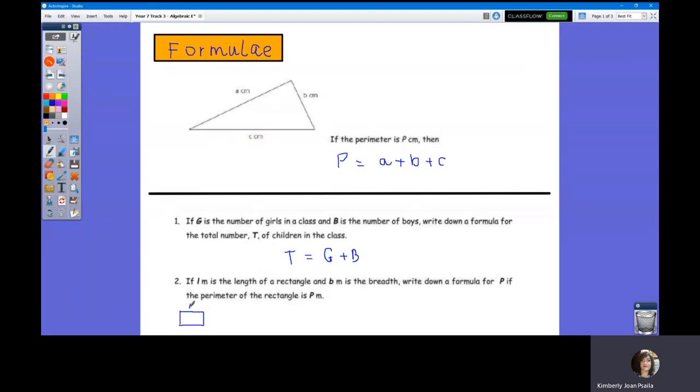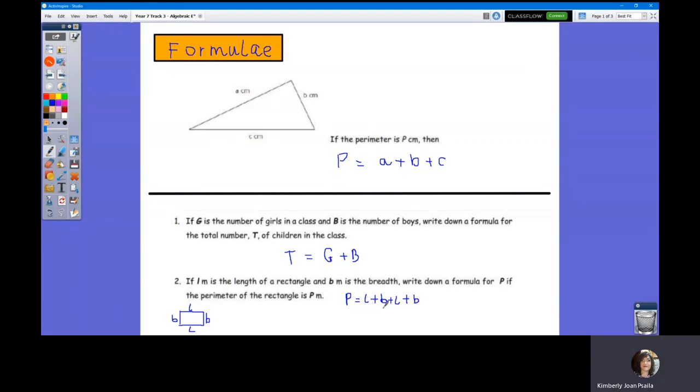The length is L, the breadth is B. Now I should know that this side of a rectangle is equal to this side, so this side is equal to L, and this is equal to B because this side is the same as this. We're going to find the perimeter of this rectangle. So P equals L plus B plus L plus B.